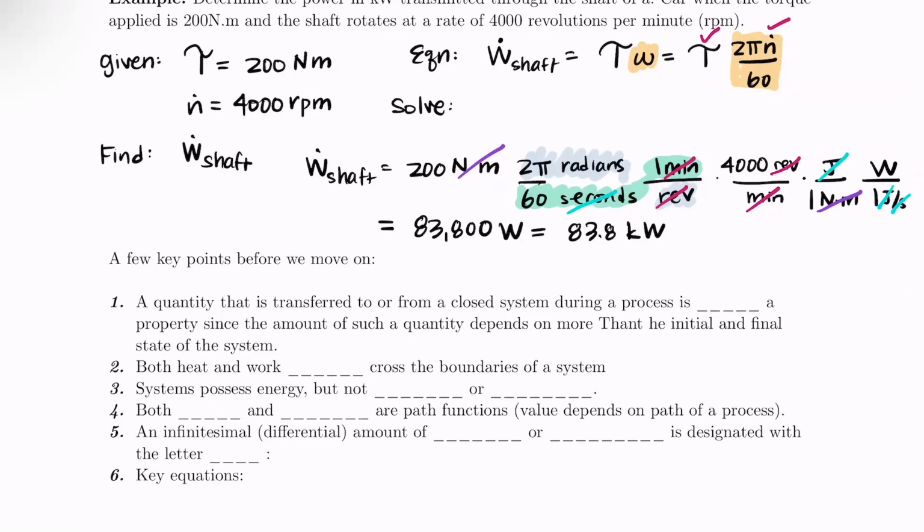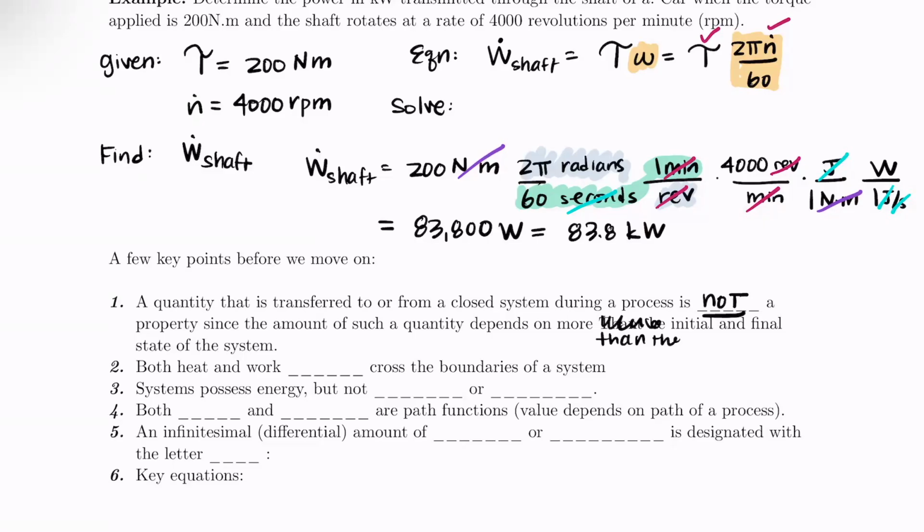Couple key points before we move on from this. A quantity that's transferred to or from a closed system during a process is not a property, since the amount of such a quantity depends on more than the initial and final state of the system.